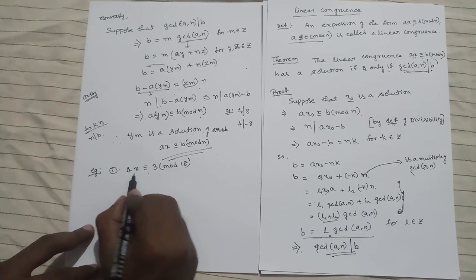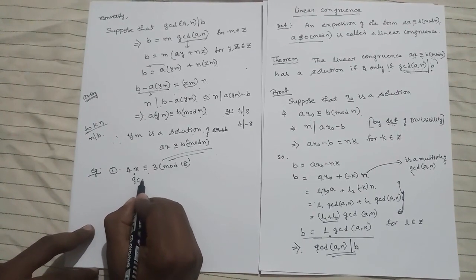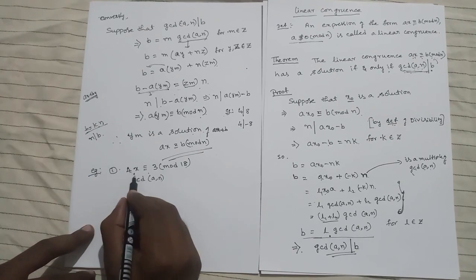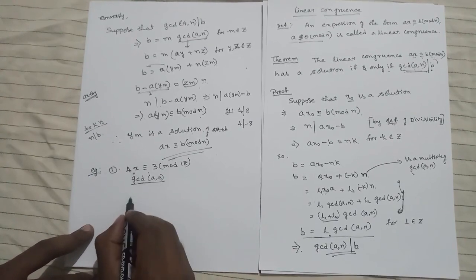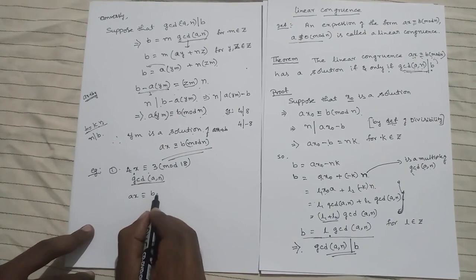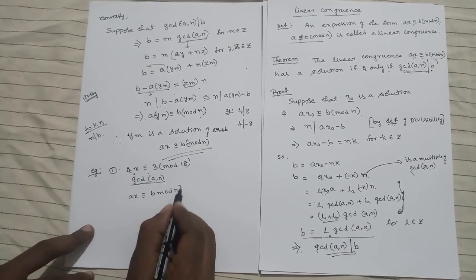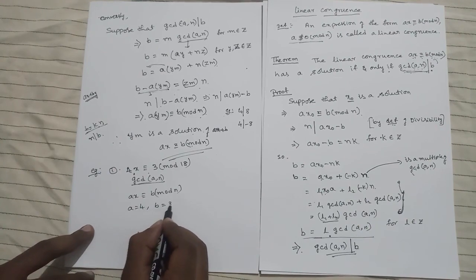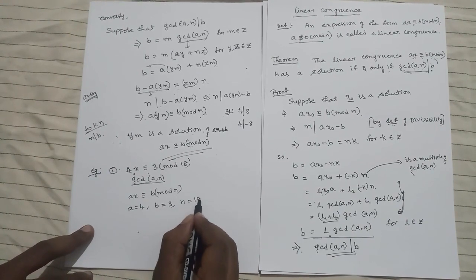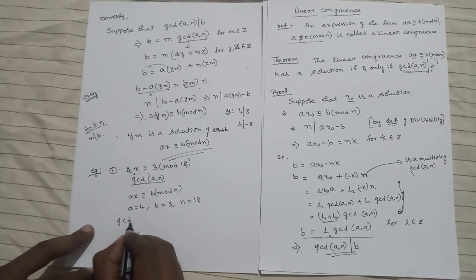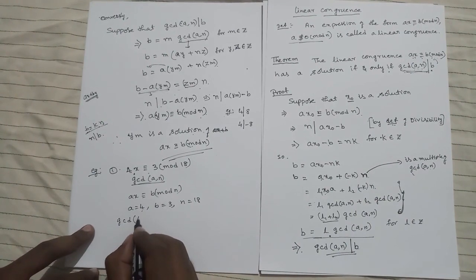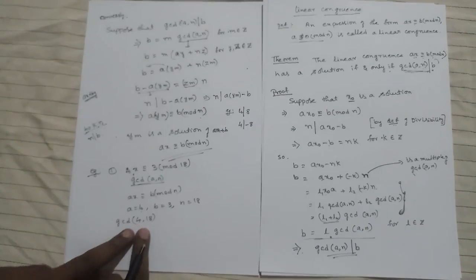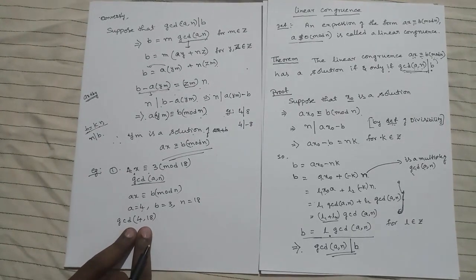Here you have to find out the GCD of a comma n and compare with what you get here. ax is congruent to b mod n, right? So what is here? a equals 4, b equals 3 and n equals 18. So find out the GCD of 4 comma 18. What is the GCD?